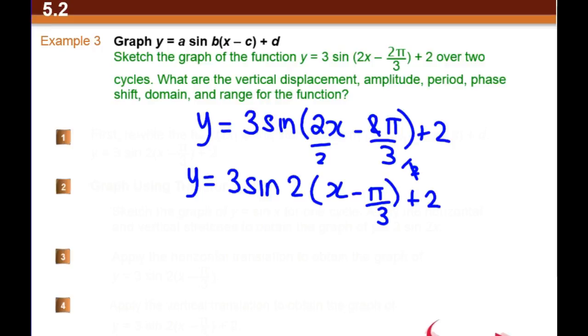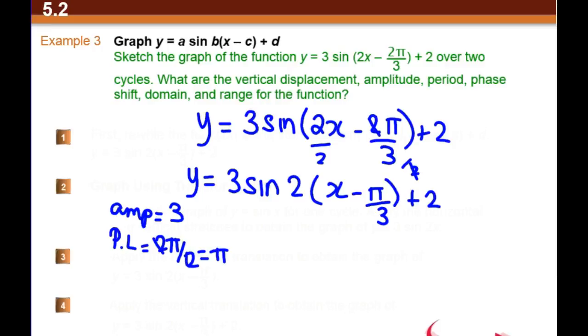Okay, so if I asked you what's the amplitude, it's 3. If I asked you what the period length is, it would be 2 pi over 2, because that's what our B is, which makes our period length just pi, because the 2's can cancel.